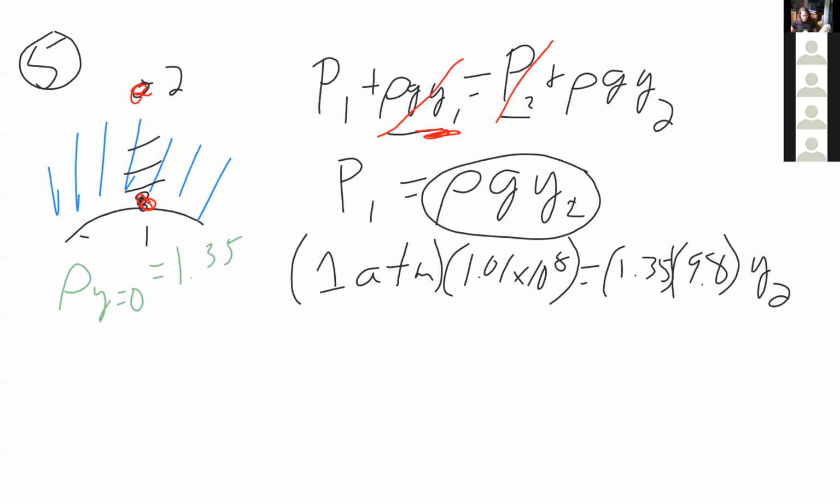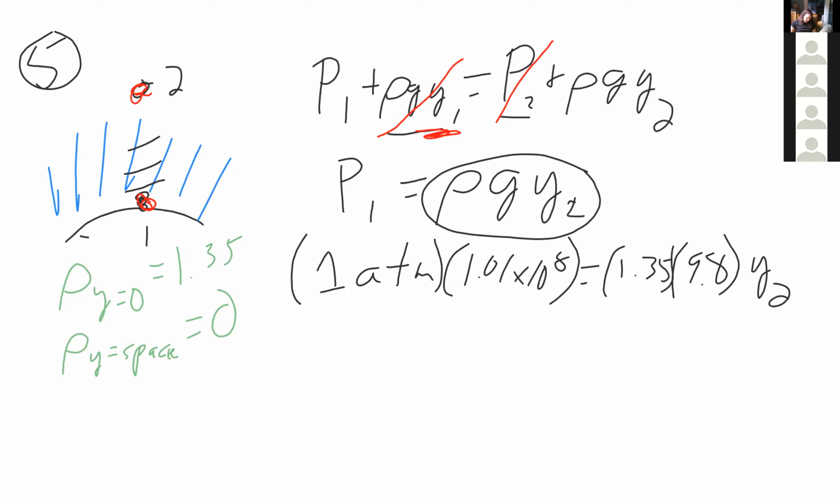And we want this to decrease linearly so that the density at y equals space, whatever space is, that's ultimately what we're looking for, is equal to 0. We want this to be a linear decrease.